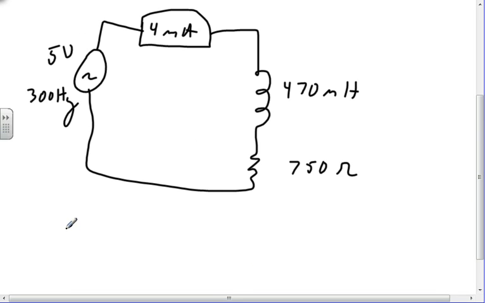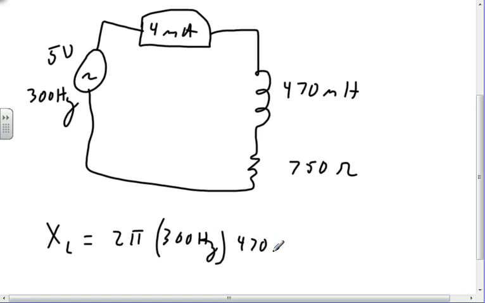Now, X of L is 2 pi F L. We'll start with there.